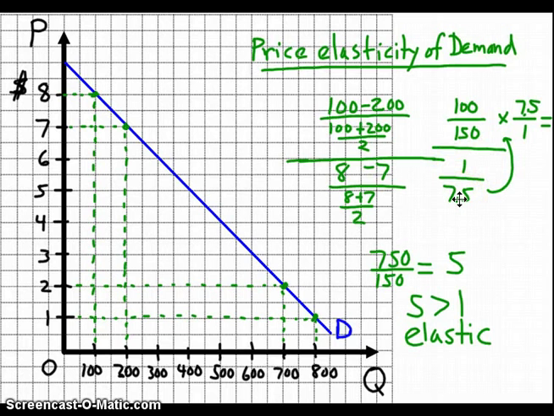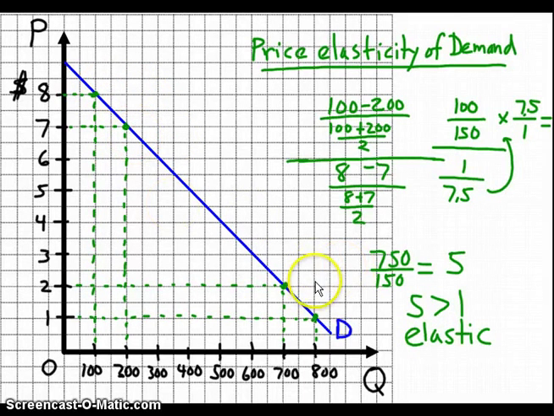I can just invert and multiply, so 100 divided by 150 times 7.5 divided by 1, which is going to equal 750 divided by 150, or 5. Since the number 5 is greater than 1, yes indeed, we do have a price elasticity of demand value that is elastic, as we would expect to find in the upper range.